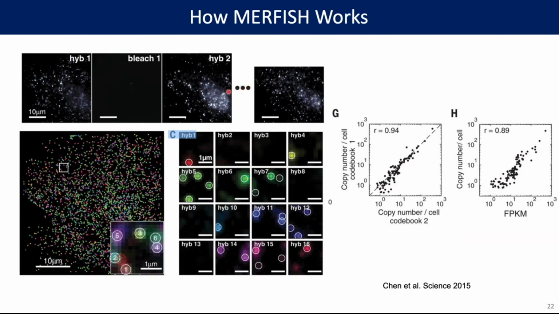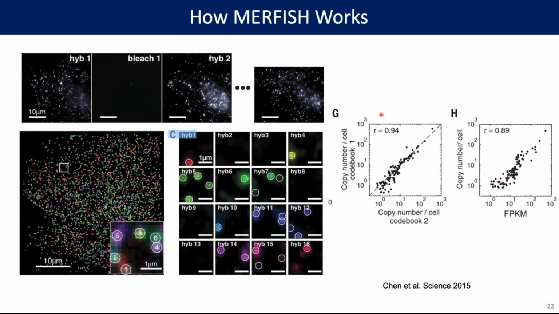This also, of course, increases the imaging time, the more hybridizations you do. You can see here 16 rounds, like a 16-bit barcode. And then you can reconstruct the spatial positions from decoding these images. And this process is highly reproducible and very well correlated to bulk transcriptome data, also in the lower-expressed range of transcripts.